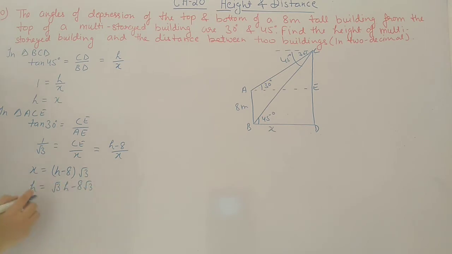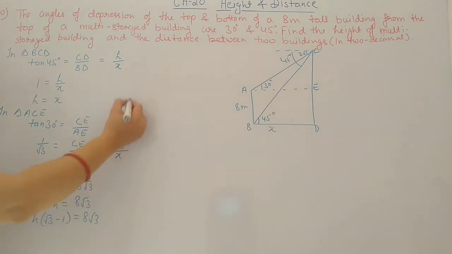You can shift to the other side. We can write it as root 3 H minus H is equal to 8 root 3. H you can take common. H into root 3 minus 1 is equal to 8 root 3. Substitute the root 3 value.